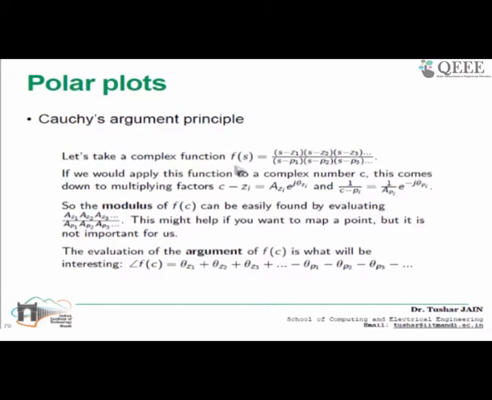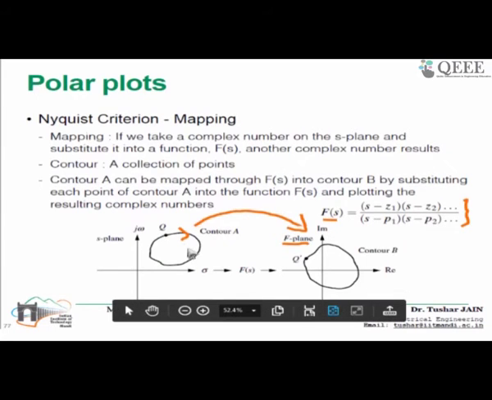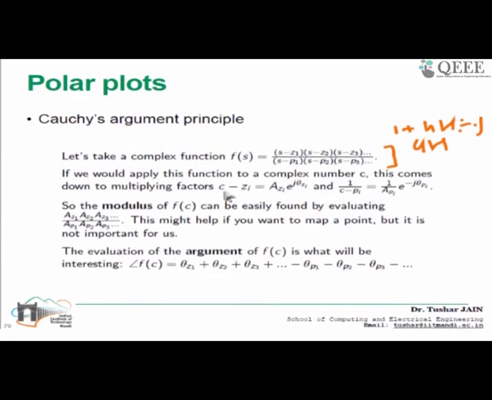Let's take a complex function F(s), which is given by this one. This could be 1 plus GH, or this could be GH. If we apply this function to a complex number c, which could be any number, this comes down to multiplying factors c minus z_i.